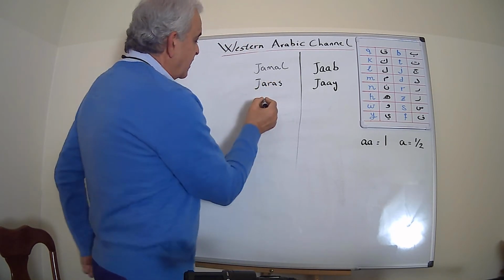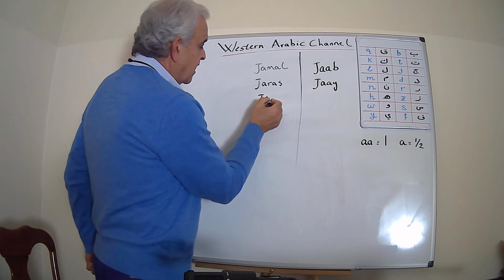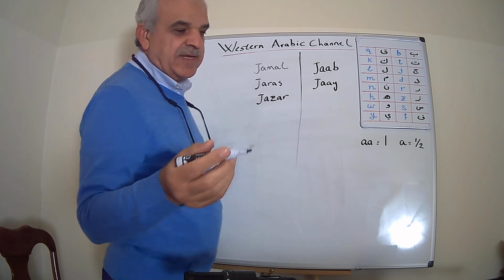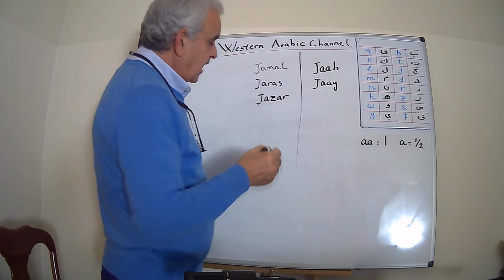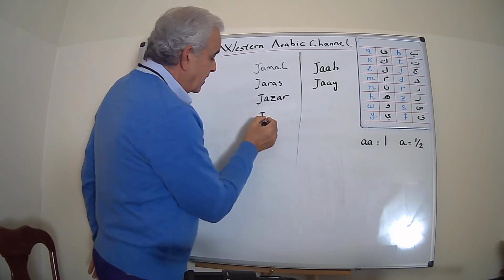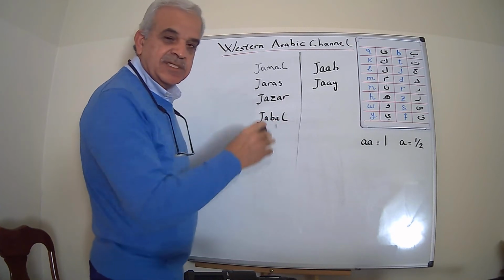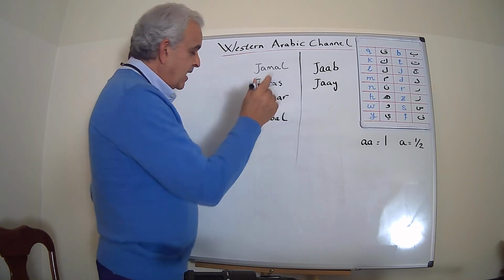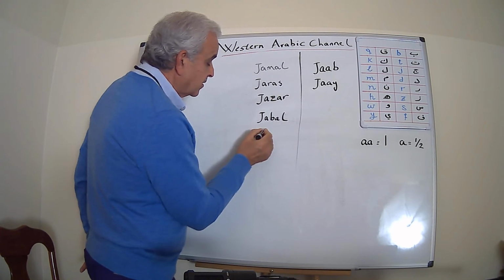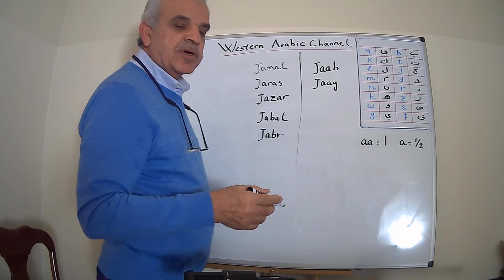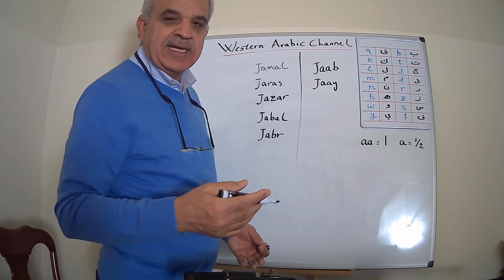And we have Jazar, which means carrot. I believe that everyone knows. We eat carrot. And we have Jabal, which is mountain, for those who like hiking. And we have Jabr, either a name, or Jabr in Arabic is Algebra in English.